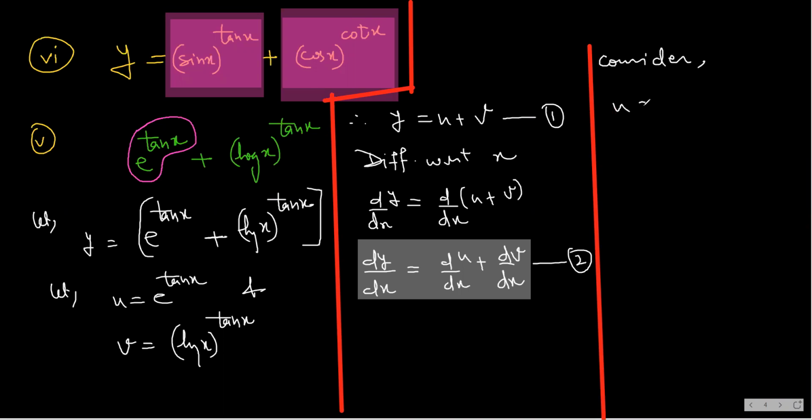So consider u equals e raised to tan x. Is this variable raised to variable? No. It is not variable raised to variable. It is e raised to tan x. It is e raised to f of x. It is actually constant raised to variable.